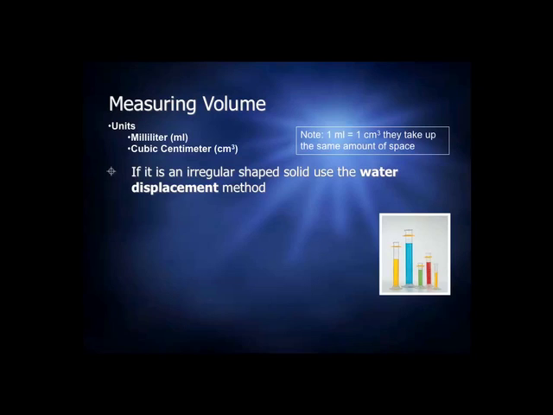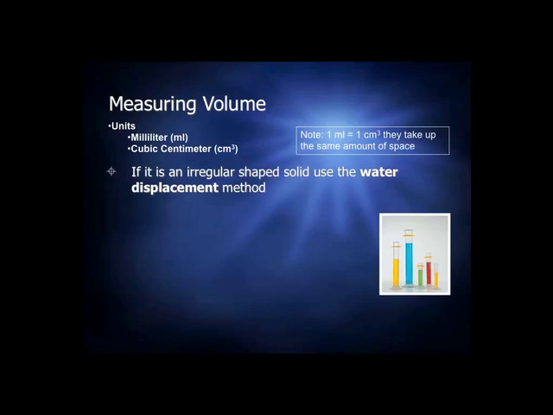No. So how can I figure out the volume of this? Measure it. But it's not a regular shape, so there's no formula I could plug my numbers into. Break it down into regular shapes? You could try that, but it's so irregular, I think that'd be virtually impossible.